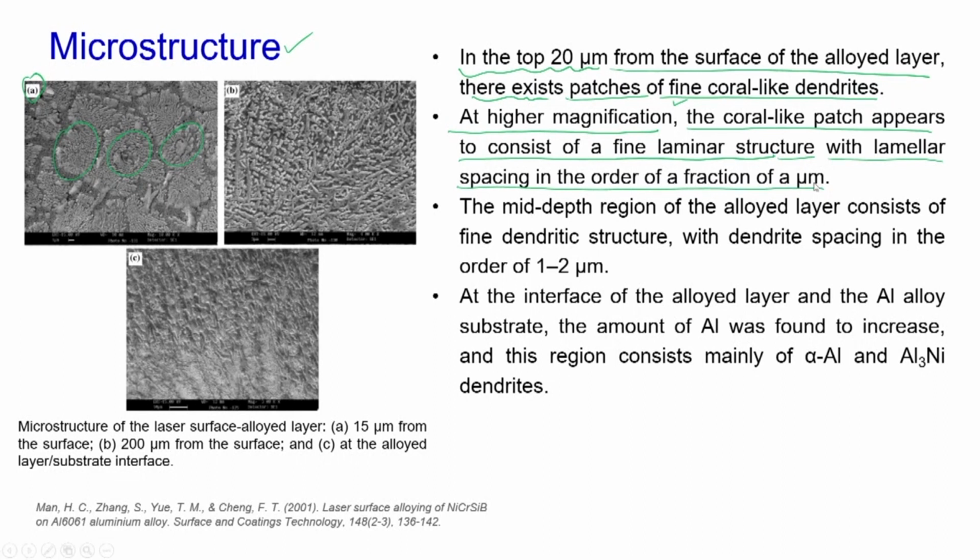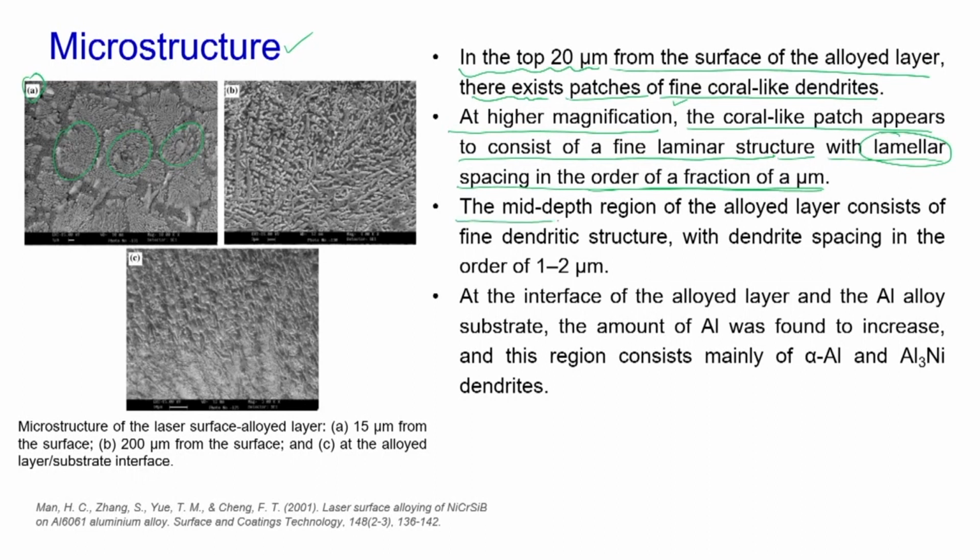So, if you observe at a higher magnification, this coral like patch appears to be a fine laminar structure with a spacing, and that spacing is of lamellar nature, and the order of the spacing is in the fraction of microns.